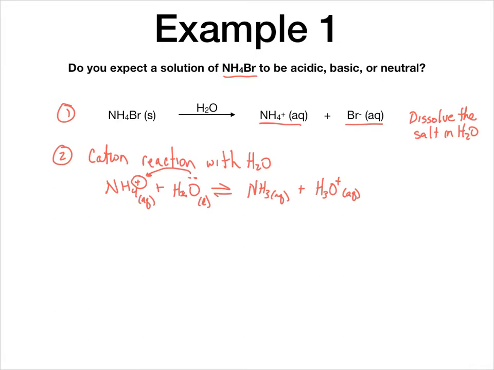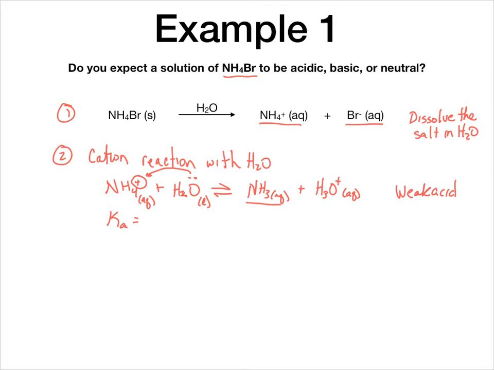This means that we have a weak acid. This equilibrium reaction is described by a Ka, and we know that only the neutral species is on our Ka-Kb table. If you haven't watched video number 6 that describes the Ka-Kb table, now would be a really good time to do that.